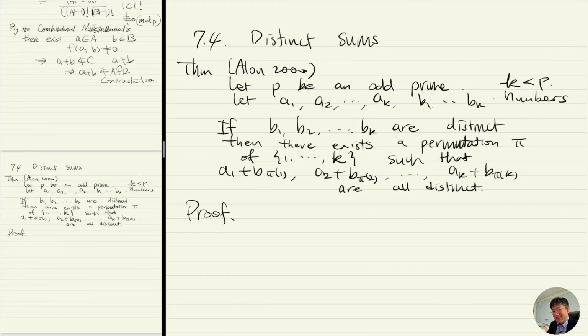And this uses the combinatorial Nullstellensatz, so we need to define a polynomial in order to use it.